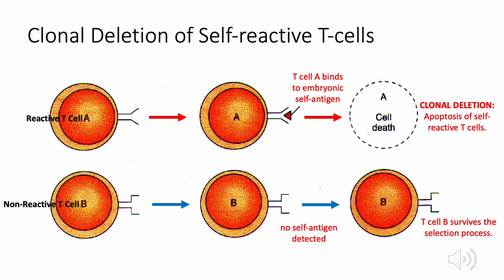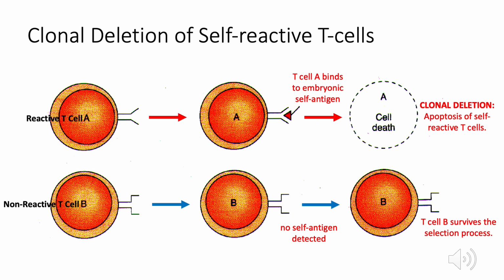Clonal deletion is the removal of self-reactive B and T cells that have expressed receptors for self before they develop into fully immunocompetent lymphocytes. We call this clonal deletion a negative selection or central tolerance, which occurs in the thymus.